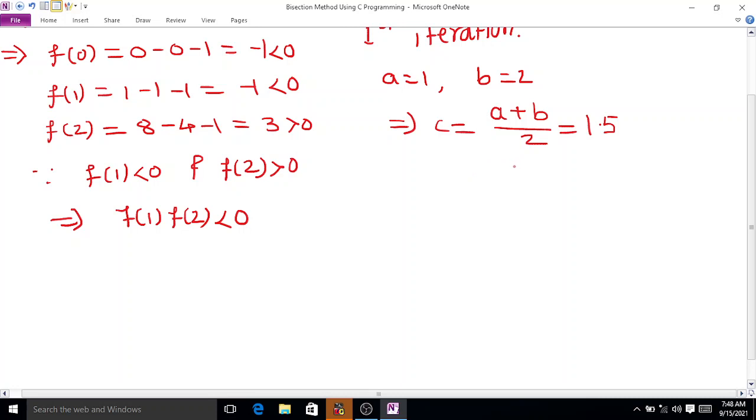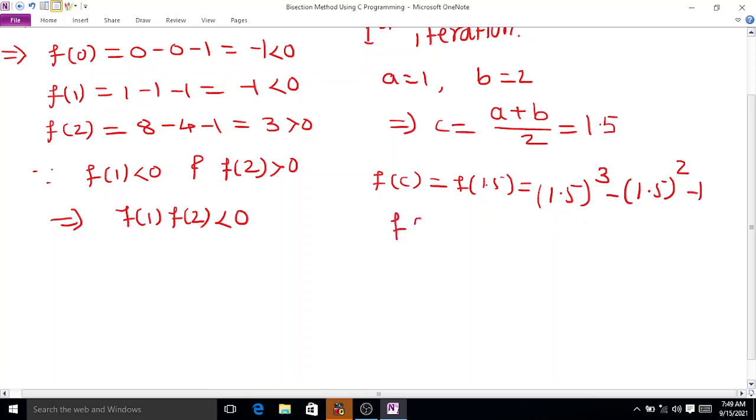Now, we want to determine the sign of f(c). So, f(c) = f(1.5) = 1.5³ − 1.5² − 1. If you solve this, then f(1.5) = 0.125, which is greater than 0.